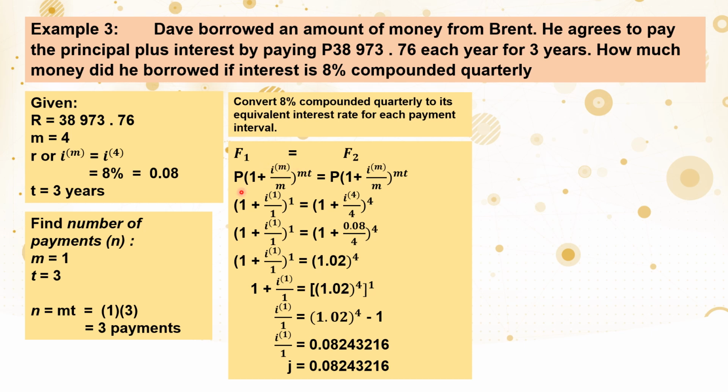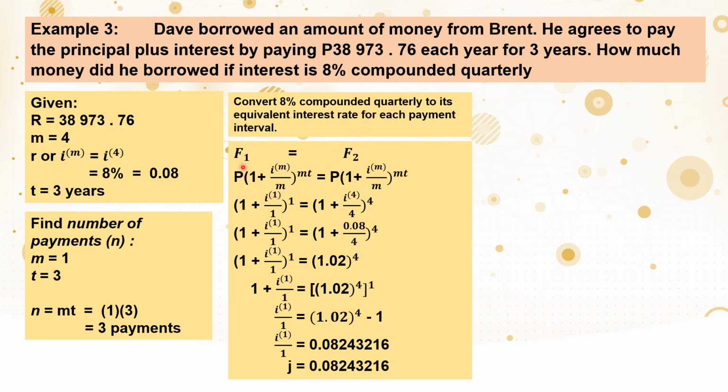So the formula is P times 1 plus I raised to M over M raised to MT, and they are equal. Take note that F sub 1 is for the interest rate each payment, or the interest rate annually. And F sub 2 is the interest rate that is compounded quarterly.